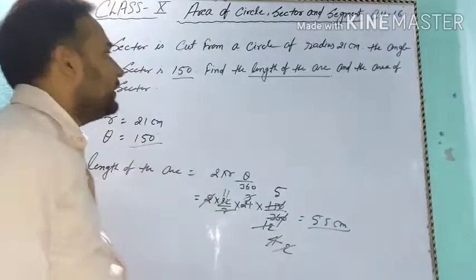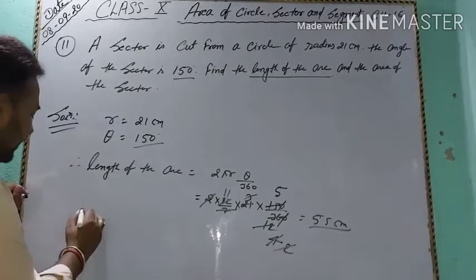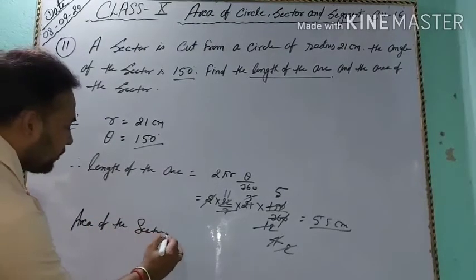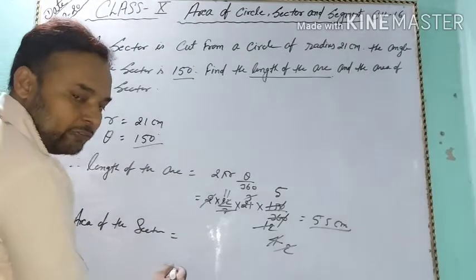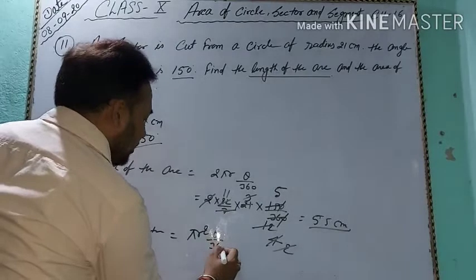Next, find the area of the sector. Area of the sector equal to pi r square theta by 360 degree.